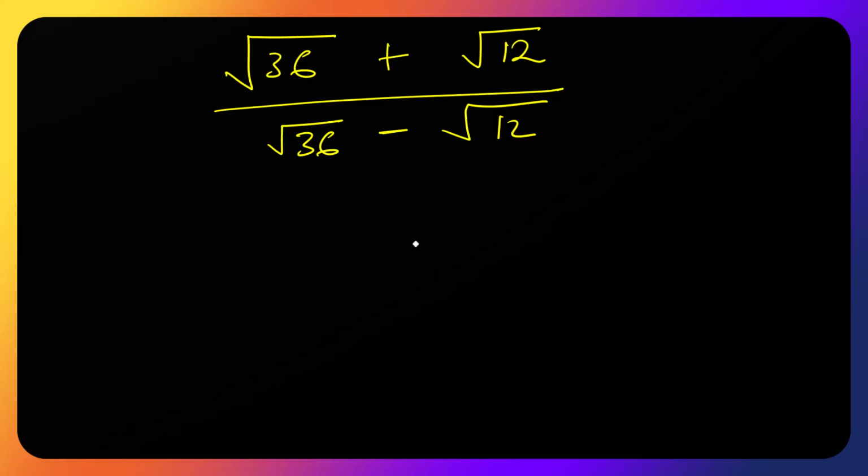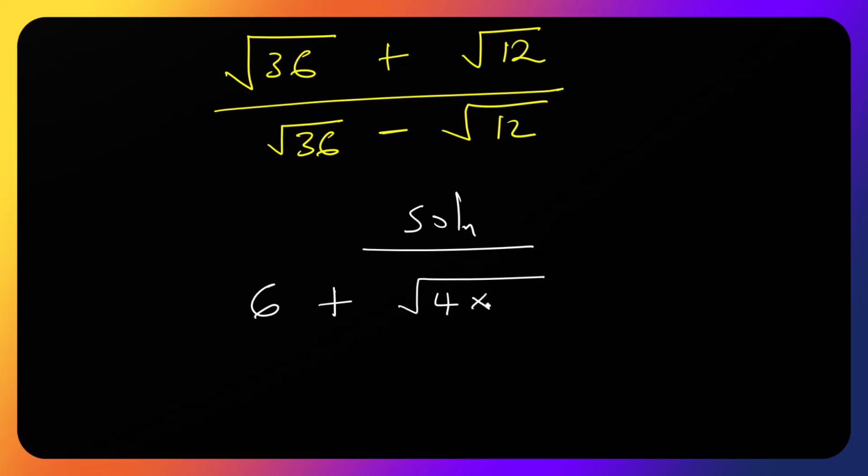Okay, so solution. Now, this is a perfect square, so we have 6, and we can write this one as 4 times 3.